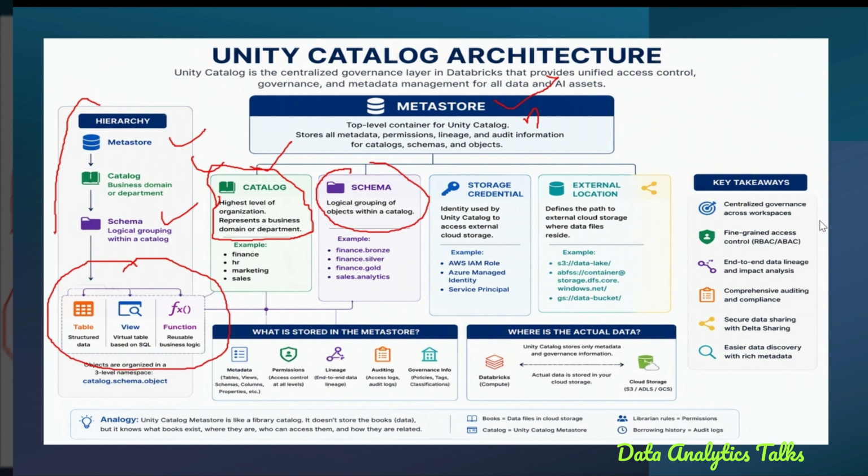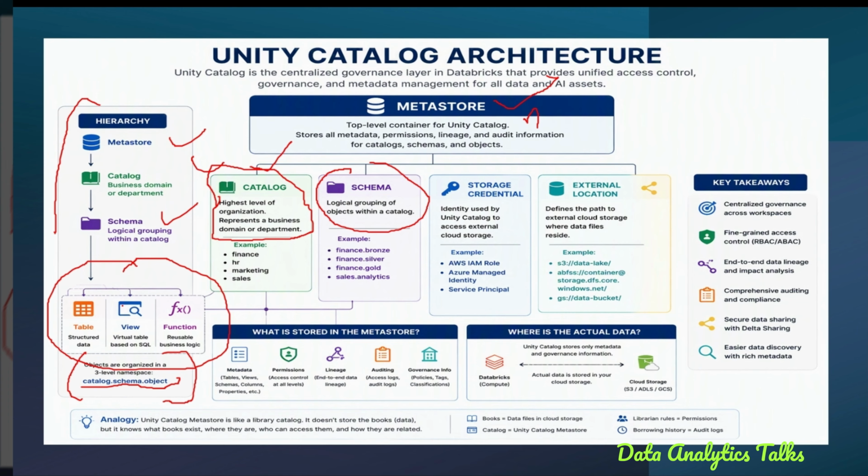Together, these objects follow a three-level namespace: catalog, schema, and object. It's very important when you work on Databricks. For example, if you're writing a certification, the three-level namespace is catalog, schema, and object.